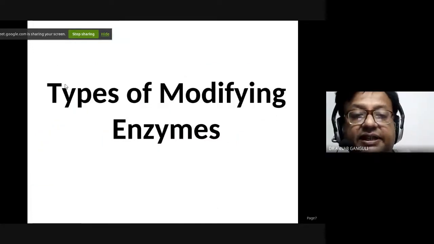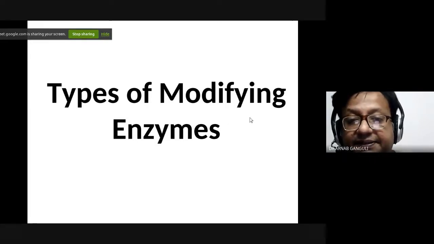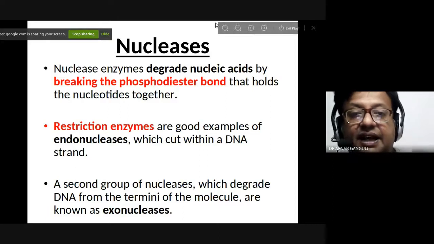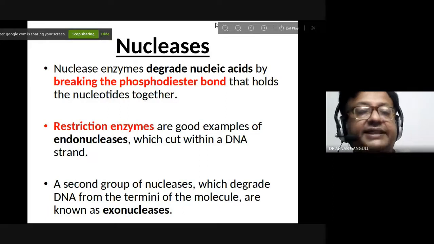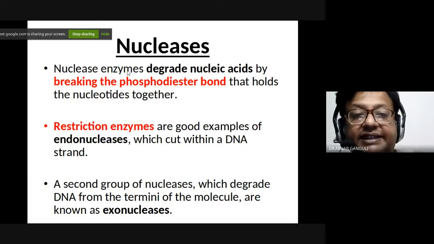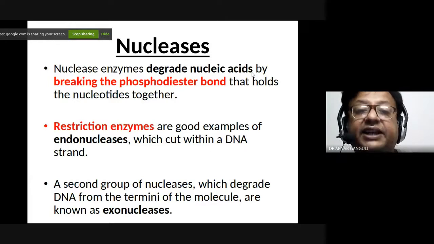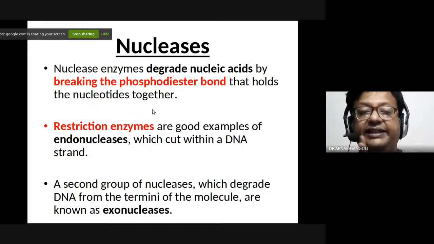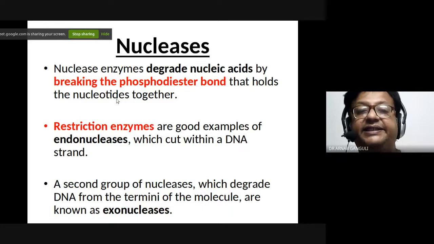So let us look at the types of modifying enzymes. First, the nucleases. As the name says, they digest nucleic acids. Nucleases are enzymes that degrade nucleic acid, DNA and RNA, by breaking the phosphodiester bonds that hold the nucleotides together. Nucleotides are joined in a chain by phosphodiester bonds, and these nucleases digest it.